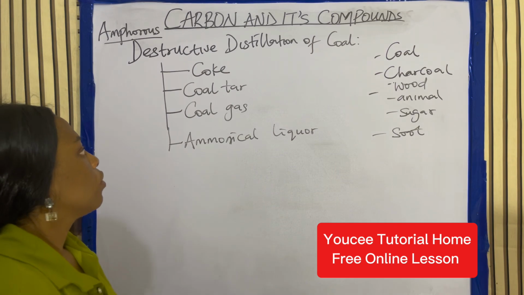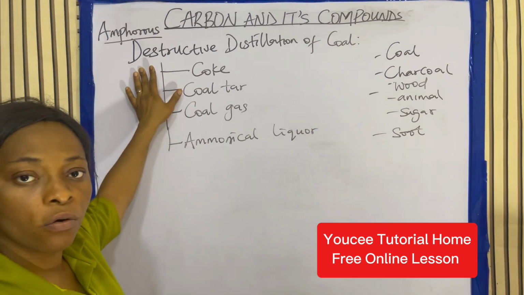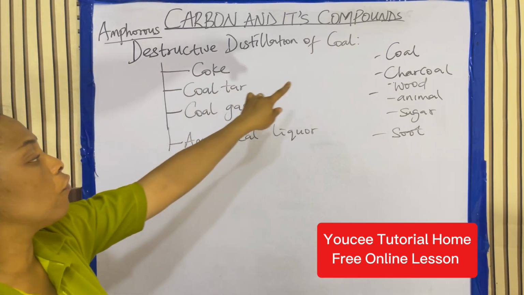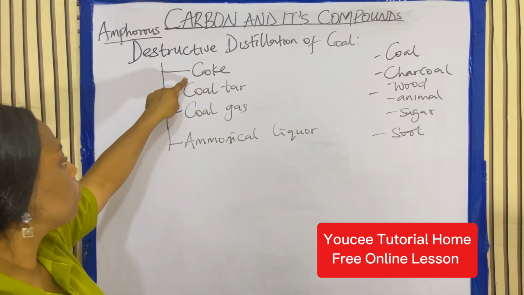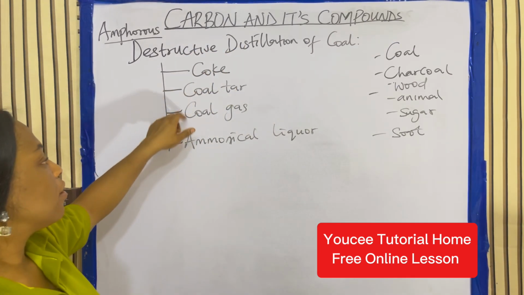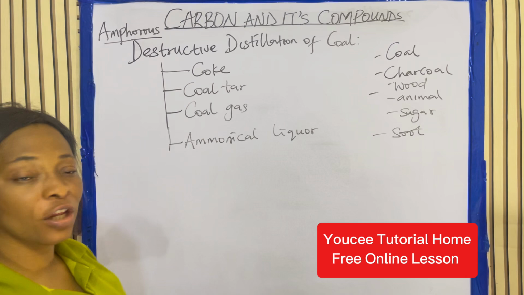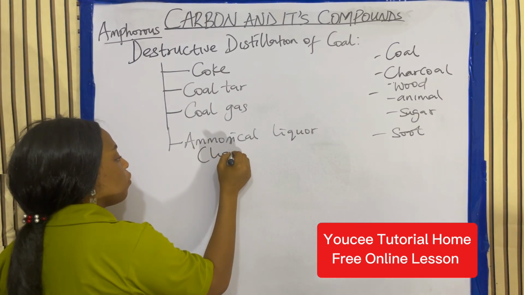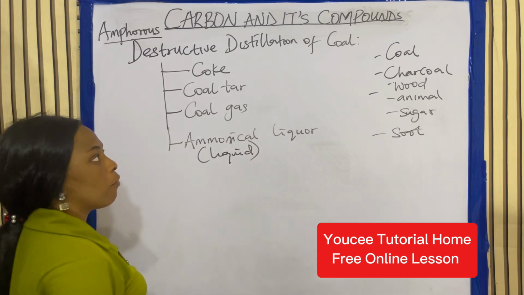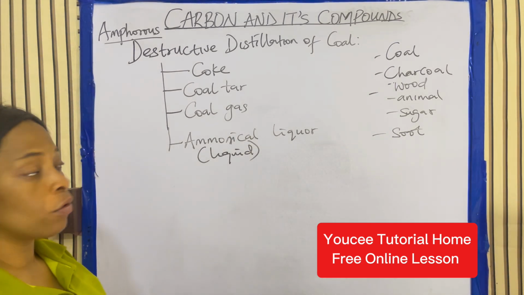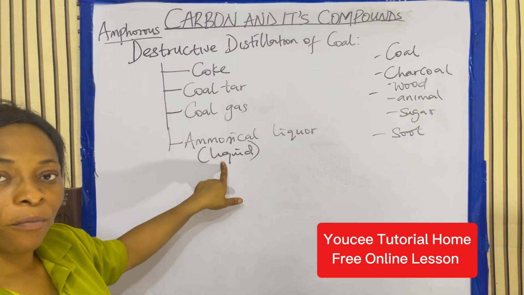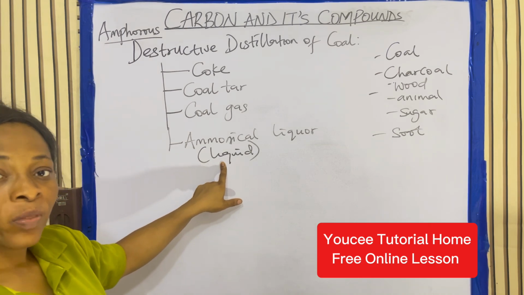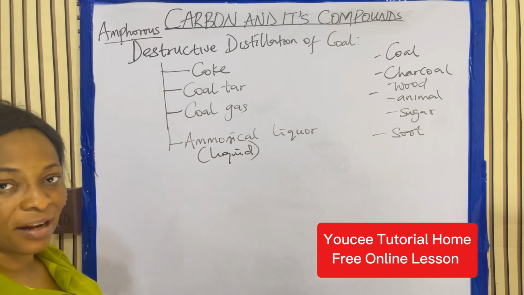So, destructive distillation of coal will give you coke, coal tar, coal gas, and ammonical liquor. Now, ammonical liquor is the only liquid substance formed in the destructive distillation of coal, and it is used in making fertilizers.